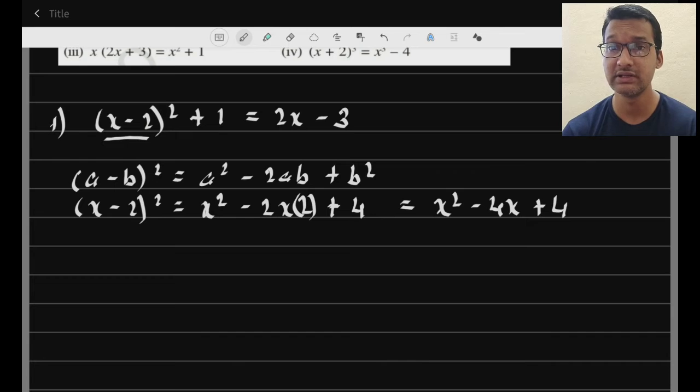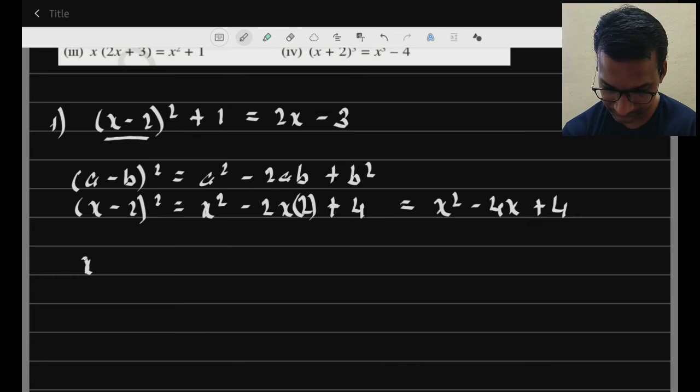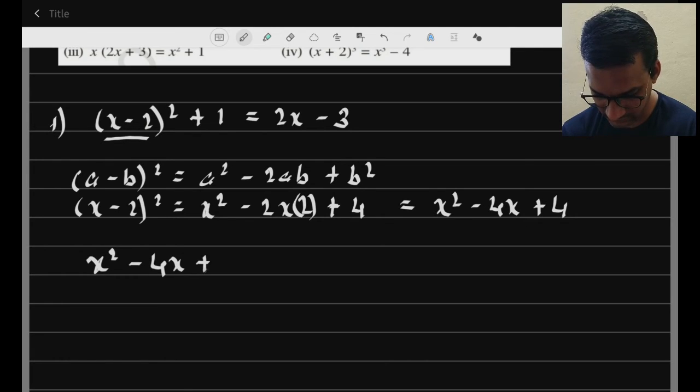Now let us write this in the equation. So on the LHS we have x square minus 4x plus 4 plus 1 is equal to 2x minus 3.